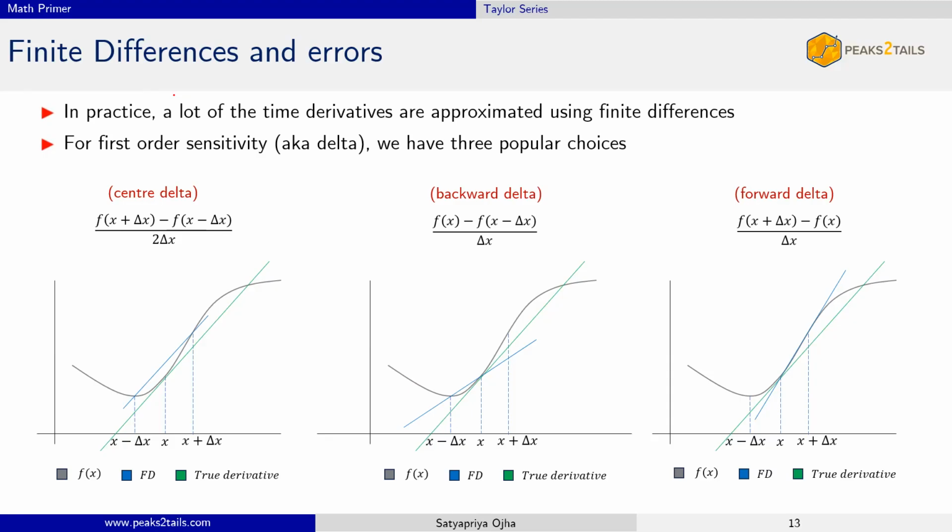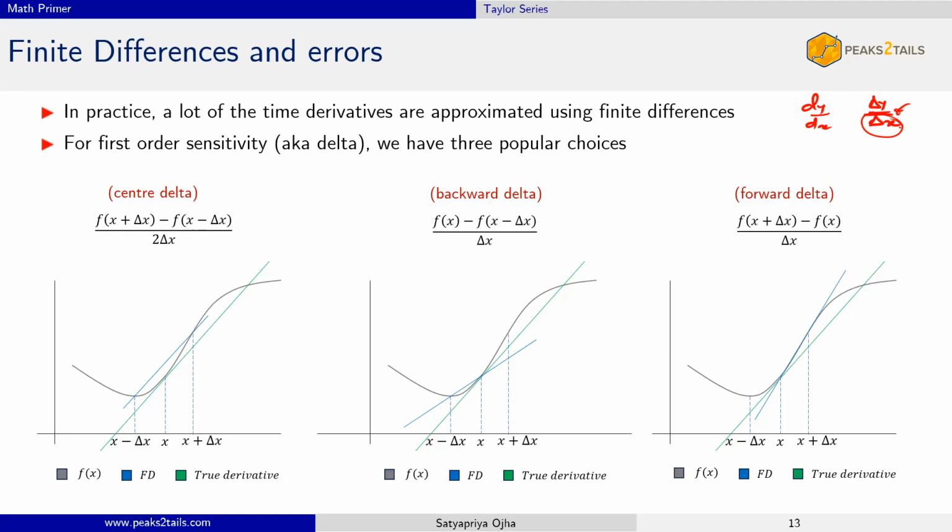At the end of the day, dy by dx means what? Change in y by change in x, delta y by delta x, provided delta x is small. That's the definition of derivative. So why not use this definition to calculate the derivative? What we'll do is change x a little bit by delta x, see the change in y, and then take the ratio.